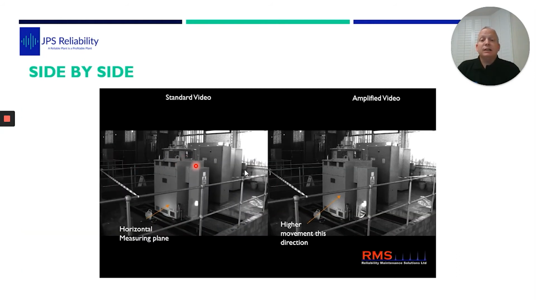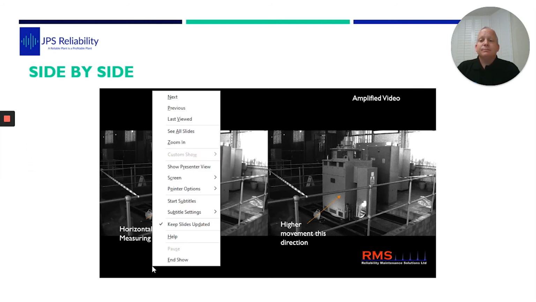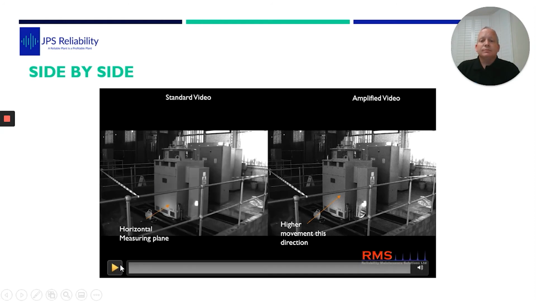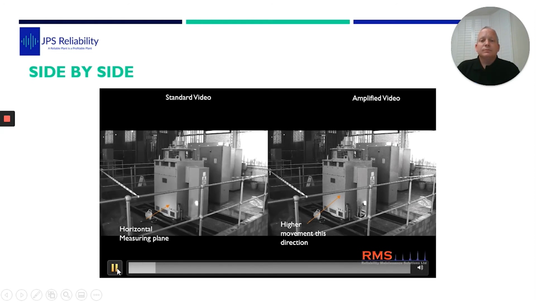Now here is a standard video. Let me play this for you. So if you watch this here, this is the fourth floor. You can actually see on the live standard video where the cable guard there is flapping a little bit.